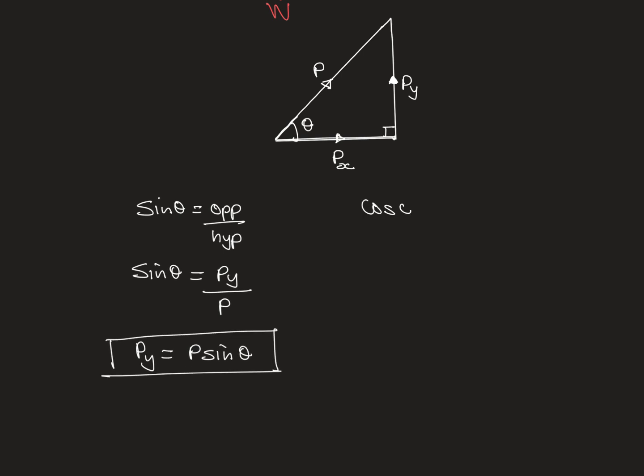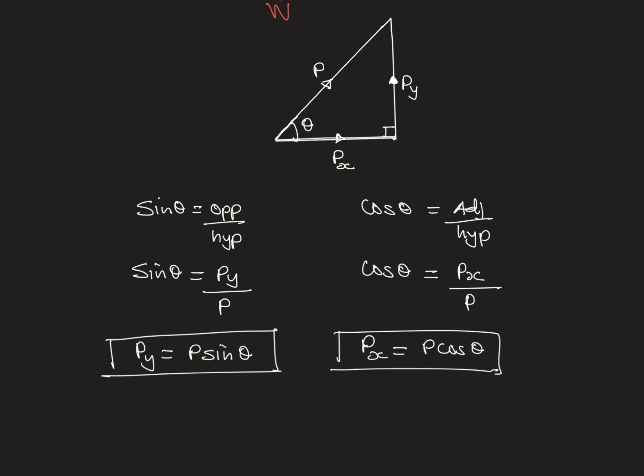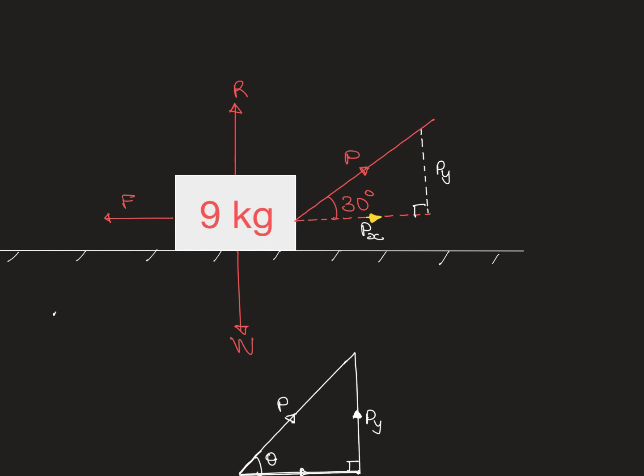And cos theta is adjacent over hypotenuse, so cos theta is equal to Px over P. If we cross multiply, Px is equal to P cos theta. So that is the horizontal and vertical component of the applied force P: Px is P cos theta and Py is P sine theta.